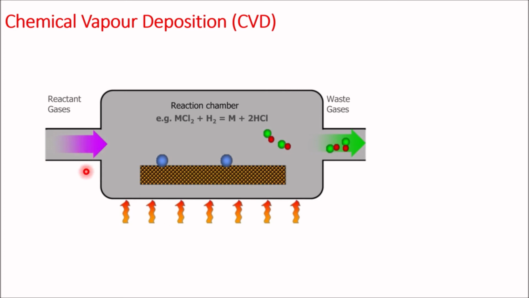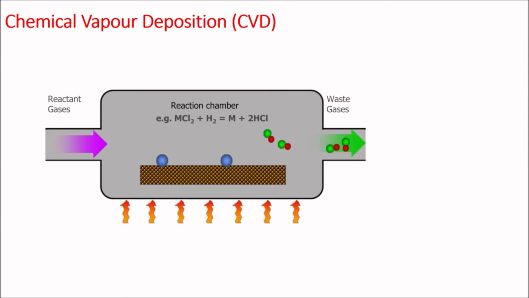In a typical CVD process, the substrate is exposed to one or more volatile precursors which react and/or decompose on the substrate surface to produce the desired product. Frequently, volatile byproducts are also produced, which are removed by gas flow through the reaction chamber.